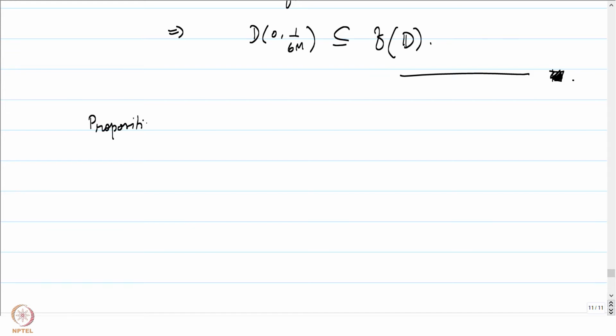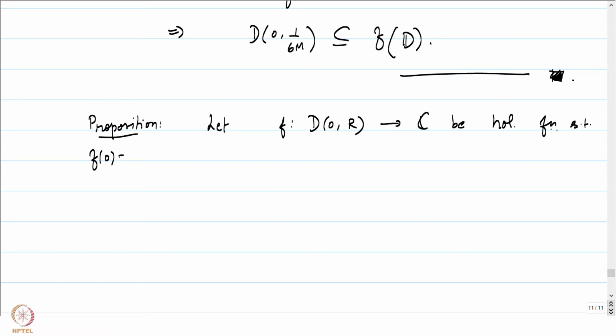We will now not consider functions from a unit disk, rather let f from a disk of radius r around 0 be holomorphic, such that f of 0 is 0, the absolute value of f prime of 0 now is not necessarily equal to 1 but rather some positive number mu, and such that the absolute value of f of z is less than or equal to m for all z in D0 r.